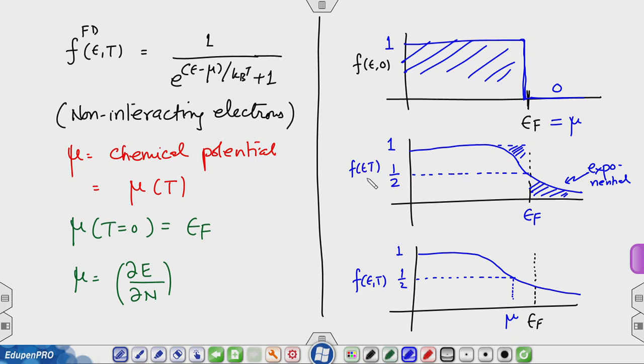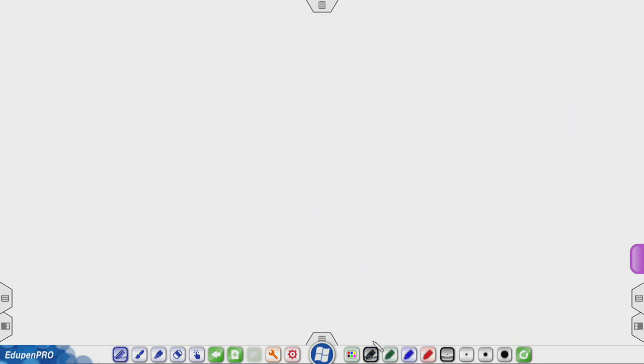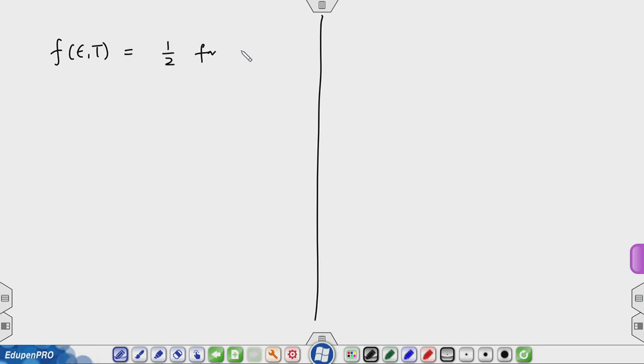So, as the temperature is raised, the chemical potential shifts inwards, it becomes lower than epsilon F. So, what we have learnt is that F(E,T) is 1/2 for E equals mu, and mu is temperature dependent.